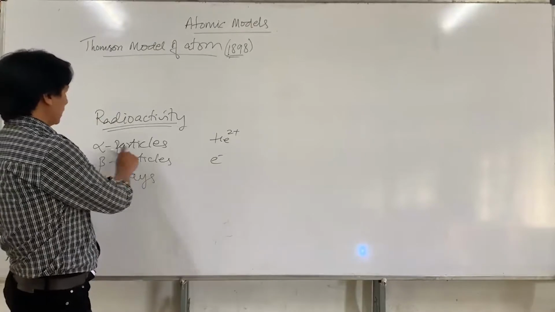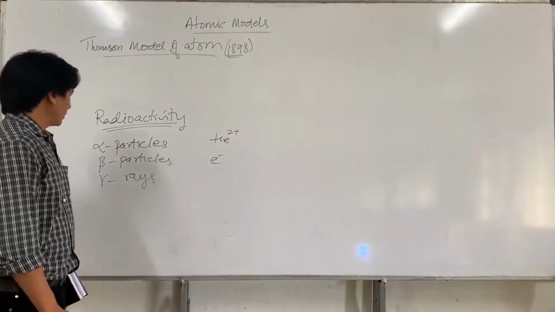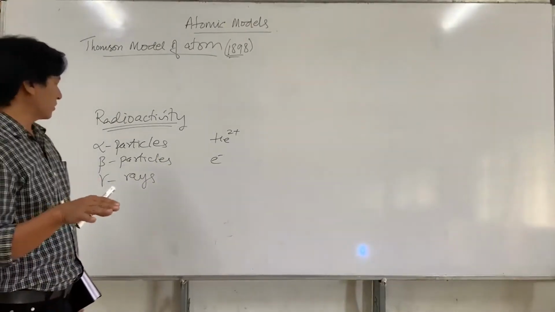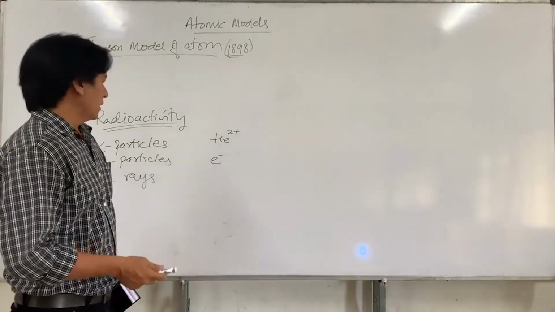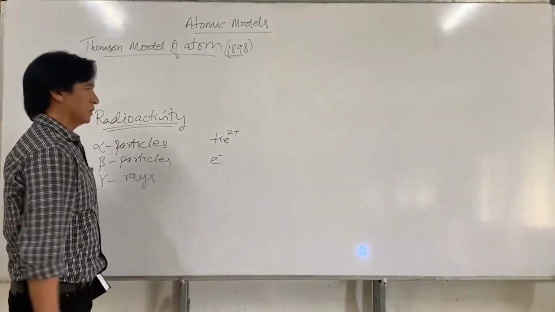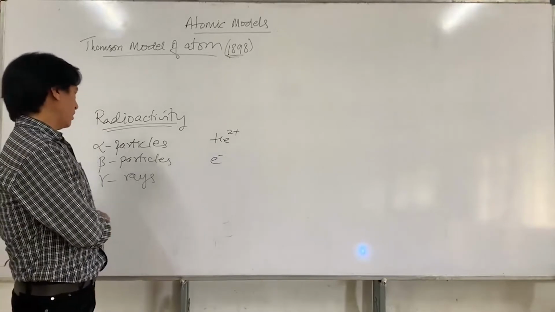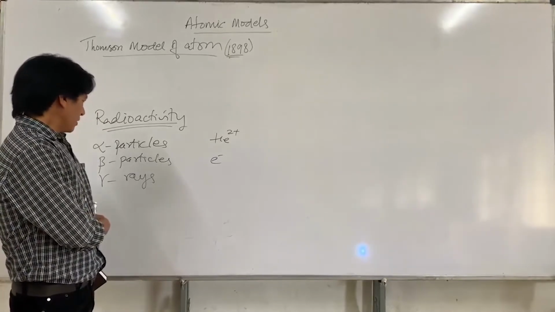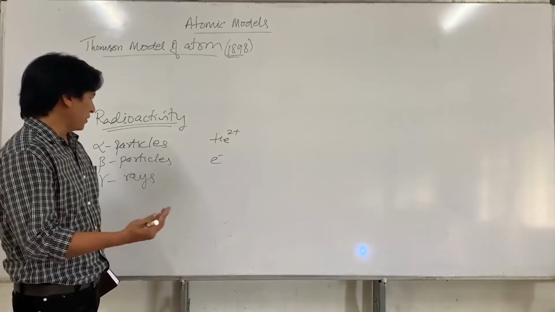Now it is said that these alpha particles have the lowest penetration power as such, and then next you have the beta particles. They are said to have more penetration power than alpha particles.